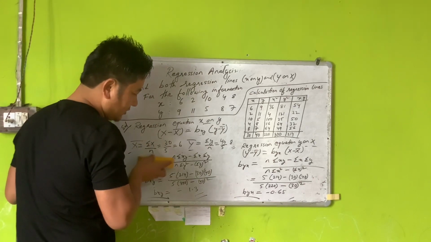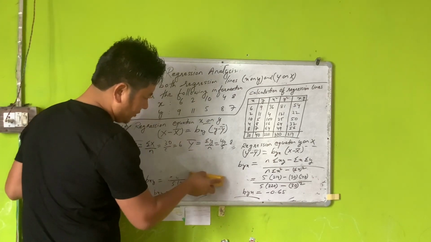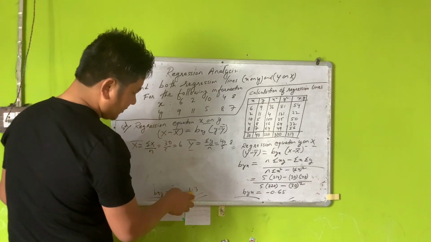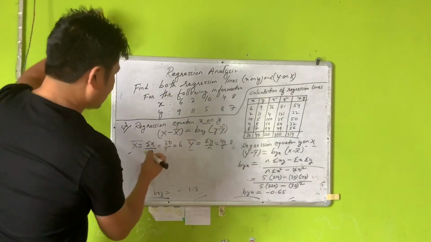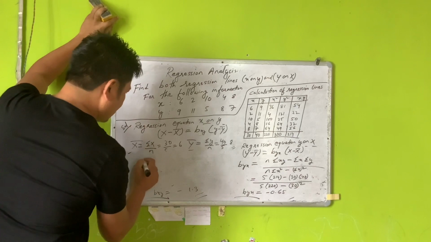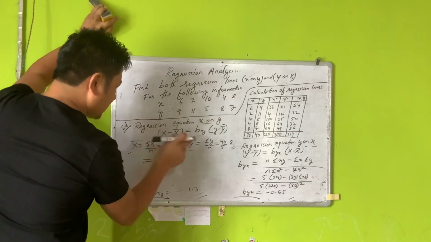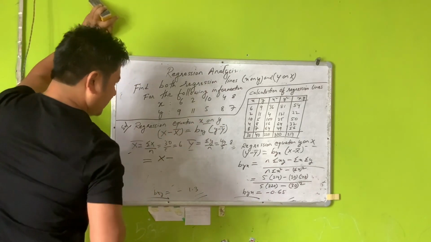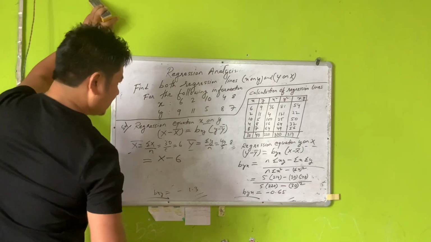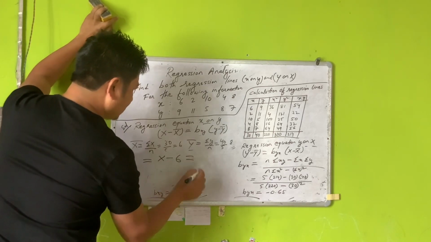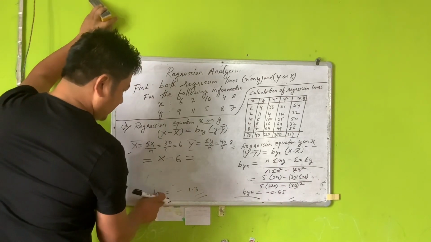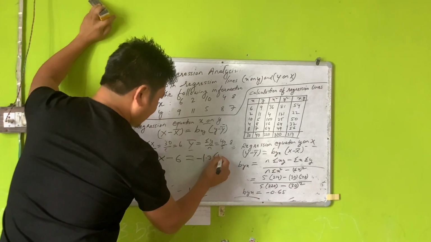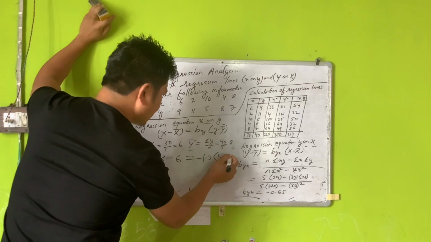Now I am erasing this part. You got the value bxy is equal to minus 1.3. Now we will solve these. So we find the regression equation x on y. x minus x bar, the value of x bar is 6, is equal to the value of bxy, which is minus 1.3, in bracket y minus y bar, which is 8.